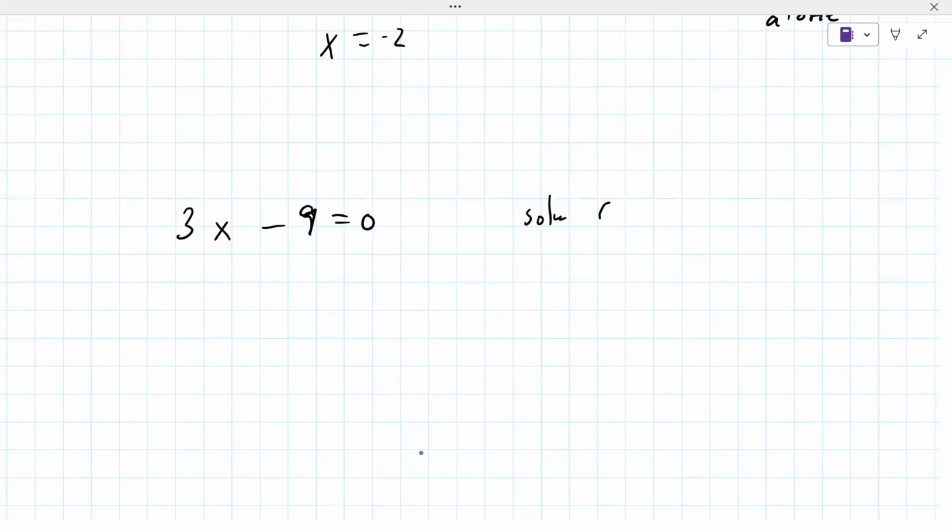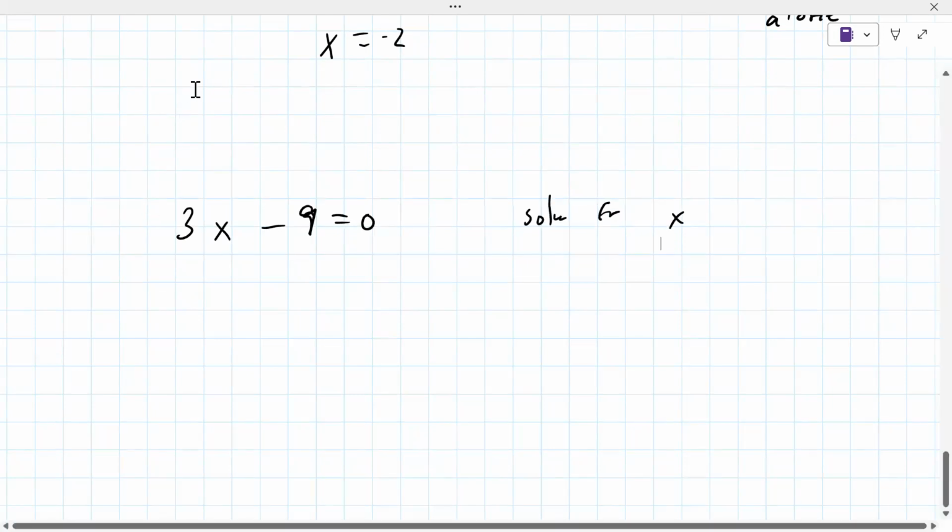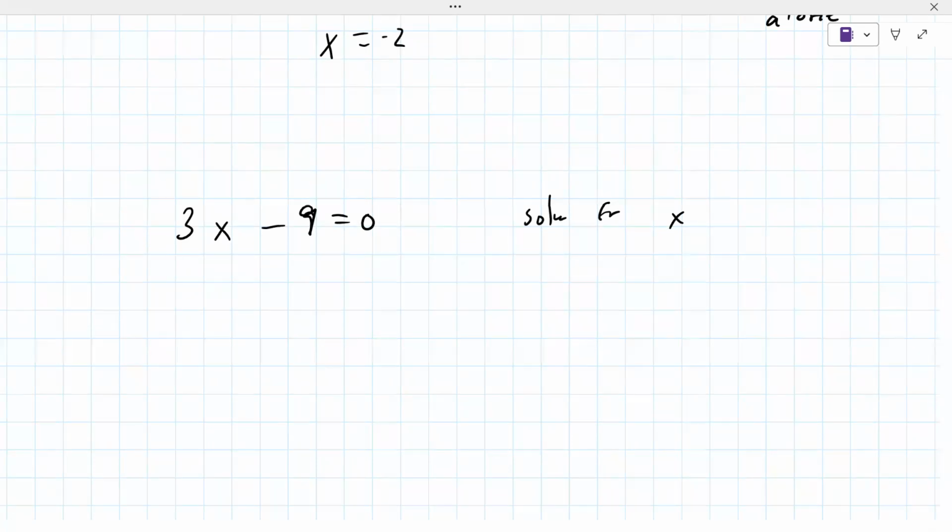Solve for x. Okay. A 3. X is 3. Very good.